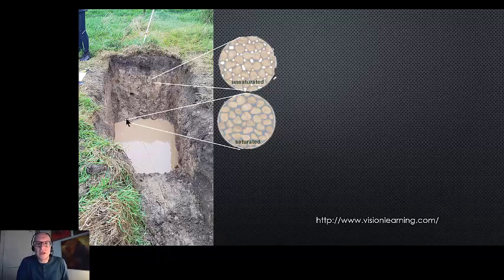And obviously what's going to happen is that water is going to be drawn up by capillary rise into this zone, and that zone will become close to saturation as water is drawn up into those pores by capillary rise.